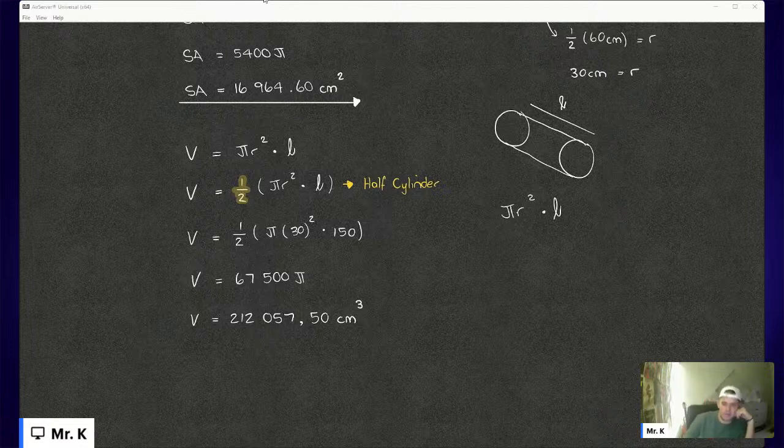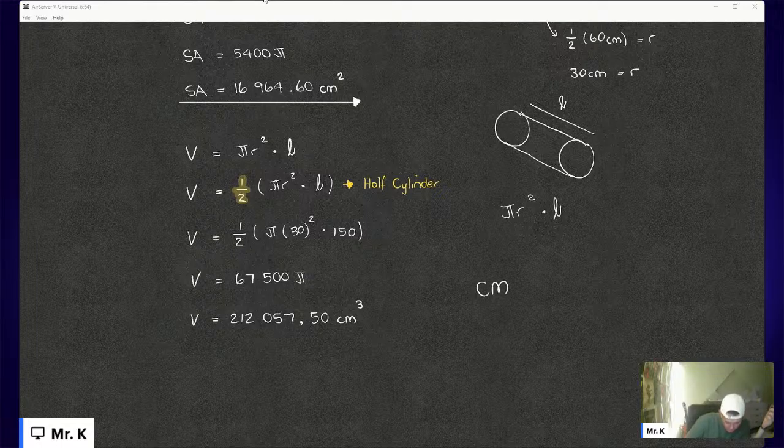Now, I'm going to give you guys just a small hint. It's something that you will hopefully write down and take forward with you because it's very possible that you could get a question like this at some point. 1 cubic centimeter is equal to 1 milliliter of fluid.